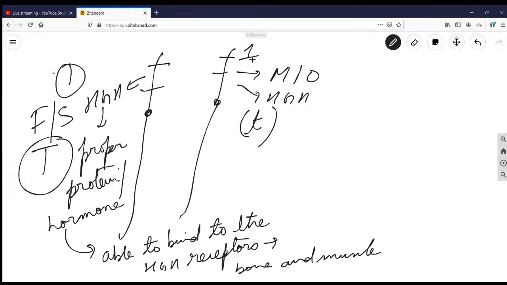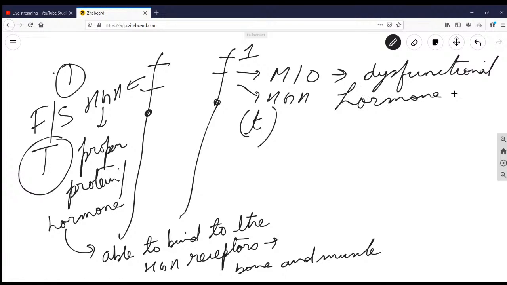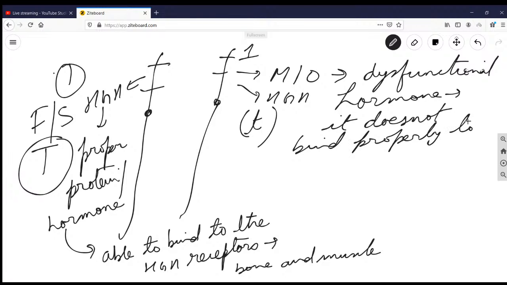But since this one is a dysfunctional protein, a dysfunctional hormone, it is not able to code for a good quality protein due to the variations. Its conformation, its structure is not proper, so I can call it a dysfunctional hormone. So it doesn't bind, or binds very lightly, it does not bind properly to HGH receptors on bone and muscle.